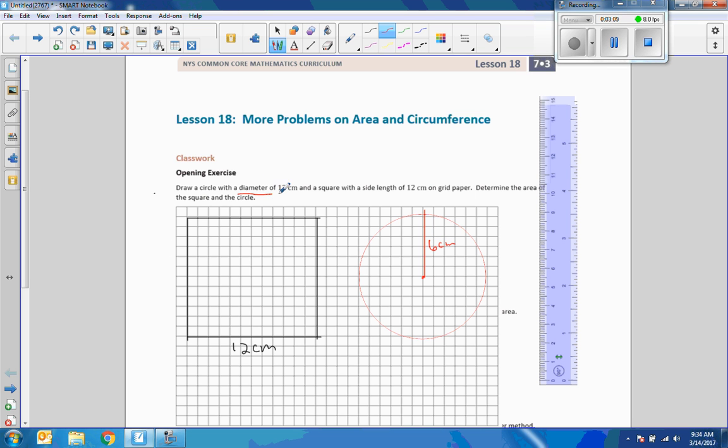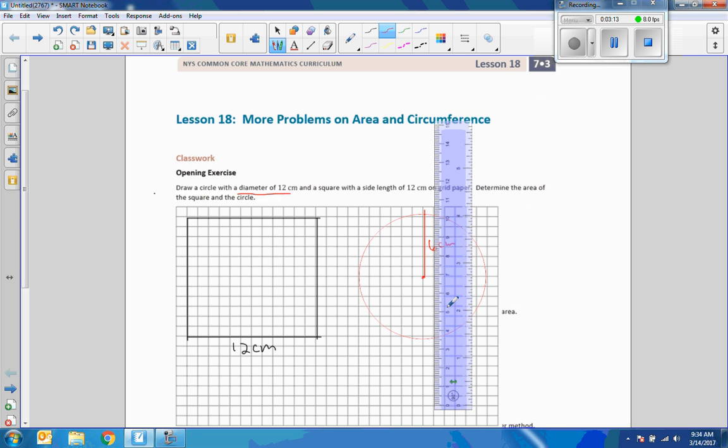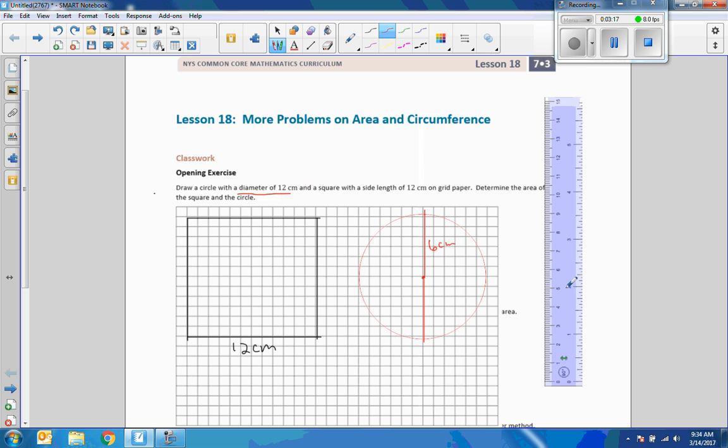So this said with a diameter of 12. So if the radius is 6, the whole diameter, which I might as well just draw here, is 12. Okay, so let me write that. I want you to be aware that a radius is half of the diameter. Diameter is twice the radius.